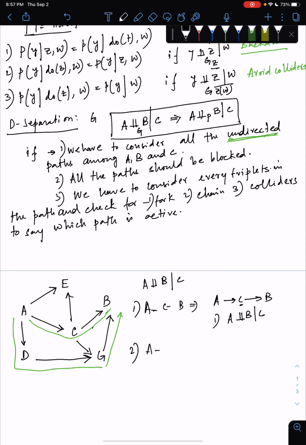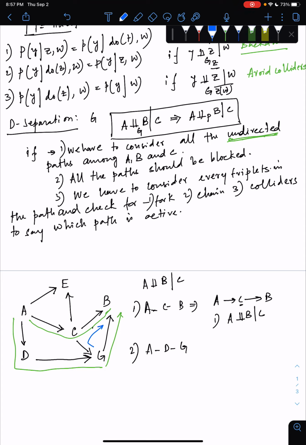So we have to consider this triplet, A, D, G. This is again a chain, and we are not conditioning on D, so information is actually flowing from here to here. There is also another path. So there are 3 paths to consider.